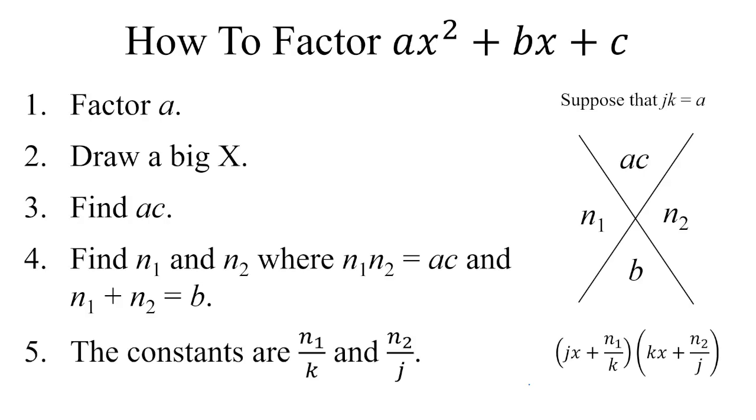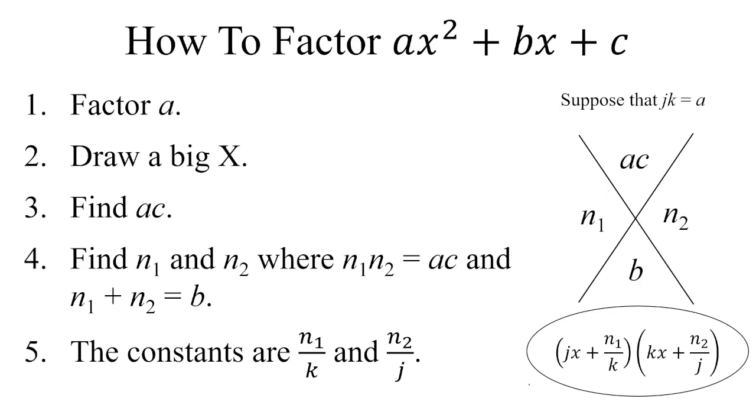Finally, you're going to divide the two numbers by the leading coefficients of the binomials. You're going to divide n1 by k and n2 by j. And when you do that, that will be your solution. The two binomials that you multiply to get that quadratic or that trinomial.